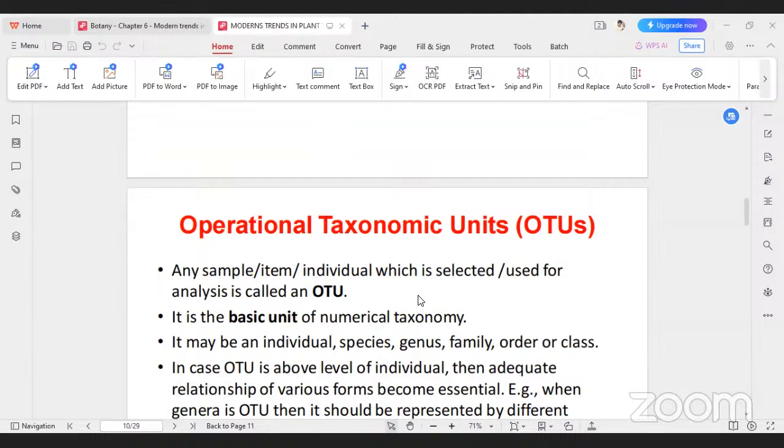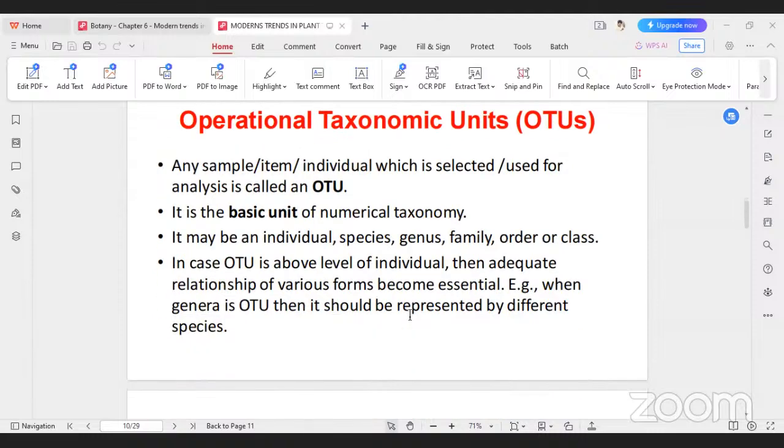If the OTU is above the individual level, then it should be adequately related to the various forms. For example, if a genus is the OTU, then it should be represented by different species.